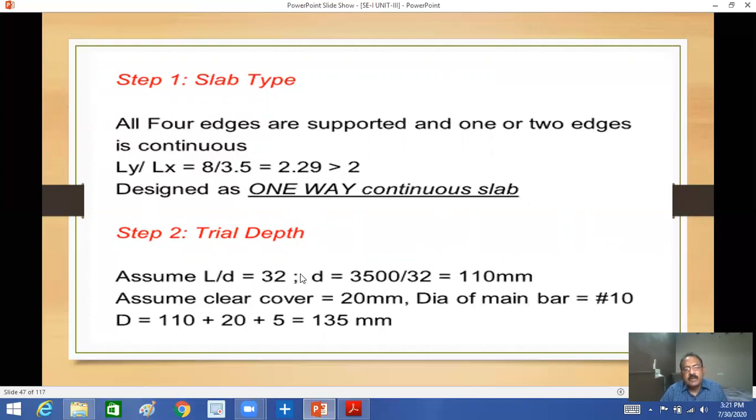So on the safe side, you take a more value here. If you take 35, you will get still less. That's why 30. Even you can take 30 here. Assume clear cover is 20 mm as in the previous problem, plus the diameter of the bar, and as I calculated, the total depth is 135 mm. See, we know the total depth.